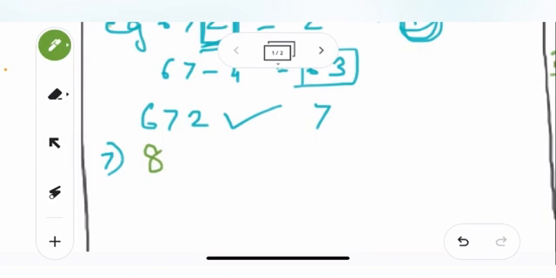In the divisibility test you have to see the last 3 digits. Suppose I am having a number here, 806, I have 16. I have to see whether this number is divisible by 8. If this number is divisible by 8, then I can say the entire number is divisible by 8.